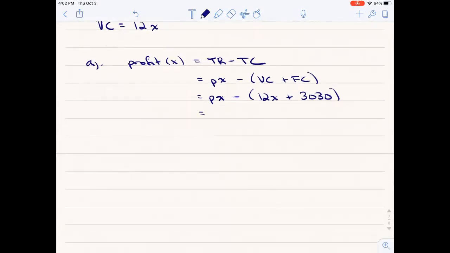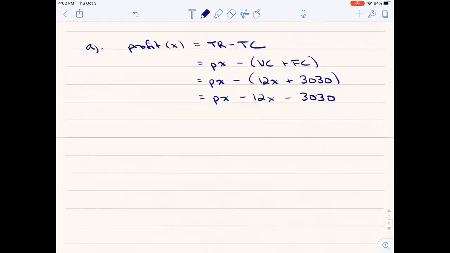So now we'll expand this: P times X minus 12X minus 30. I can collect like terms and have X times (P minus 12) minus 30. And that is her profit function.